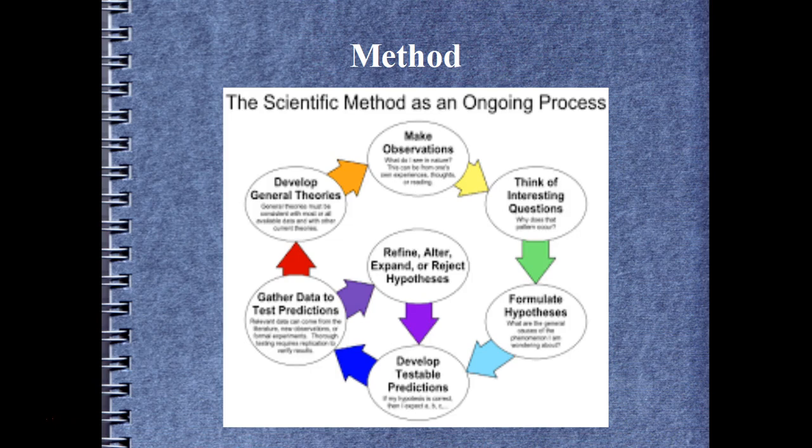So in the case of the theory of evolution, it's been hundreds of years of experiments that have upheld the hypothesis of evolution. Every experiment that we do adds to our understanding of evolution, but upholds that theory of natural selection. So that is your general overview of the scientific method.